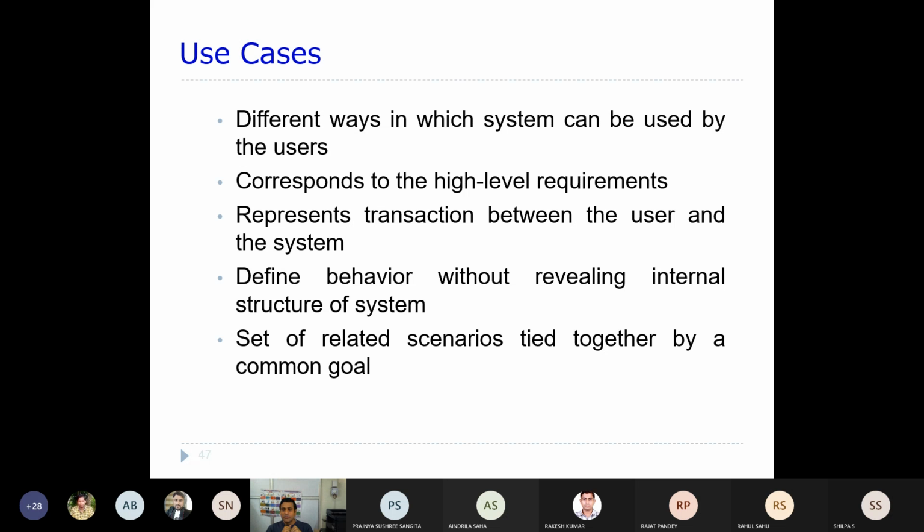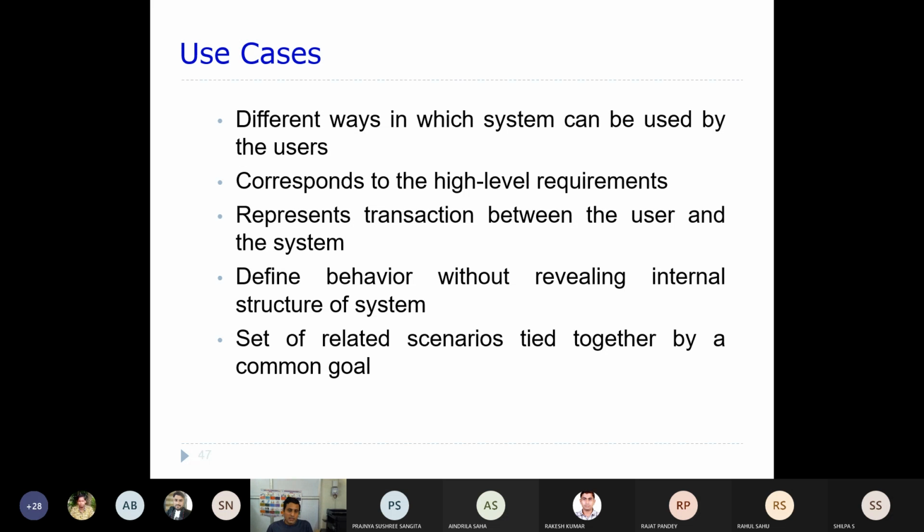No, you will not be able to withdraw money. Maybe the system is going to ask you to enter another correct pin. Maybe you forgot the pin. So while you are going through particular steps for a particular main behavior, there are certain other scenarios also tied together.